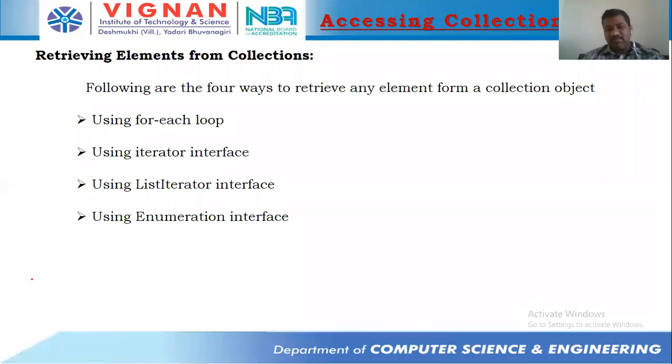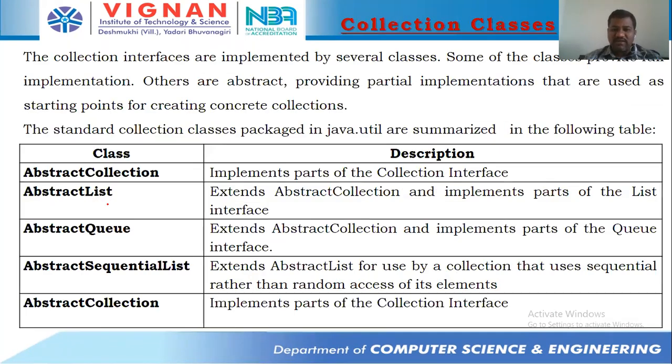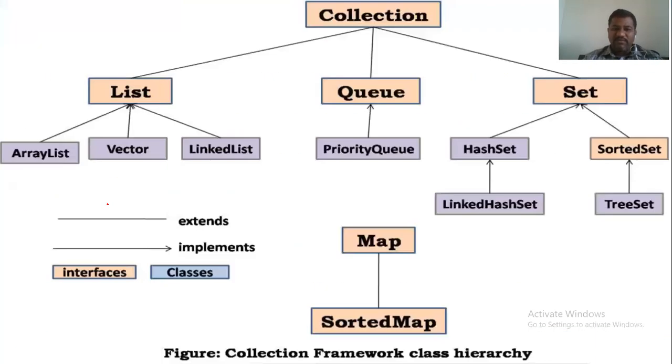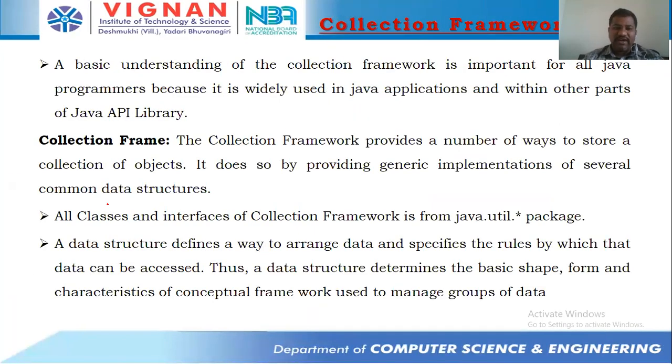Any collection object, if you want to retrieve a set of objects from that collection, then we can use a for each loop, or a normal for loop, and we can use iterator, list iterator, and the enumeration interface. If you observe the syllabus of your 4th unit, one complete line they focused on iterator itself.